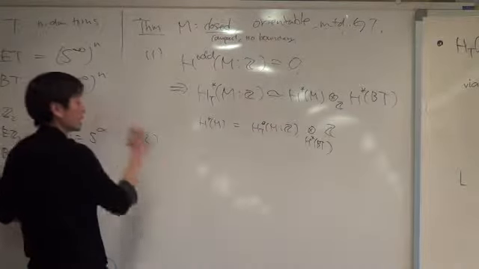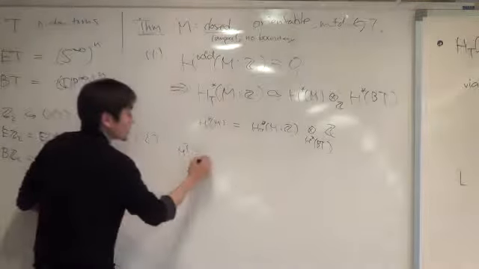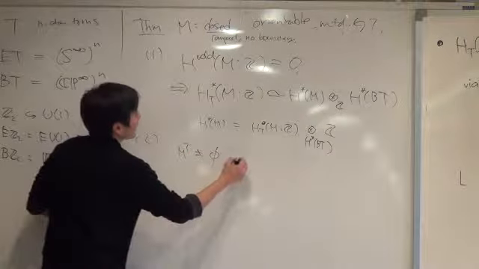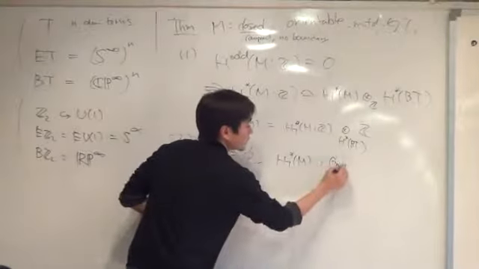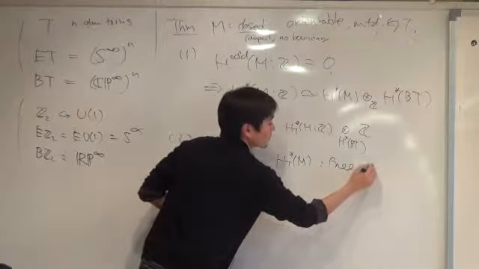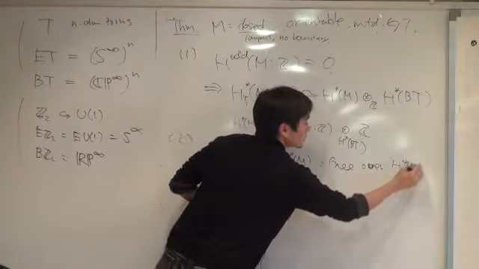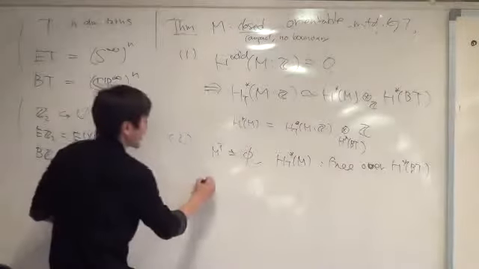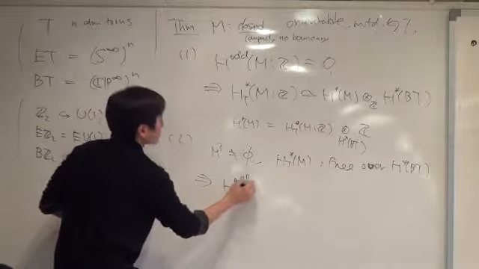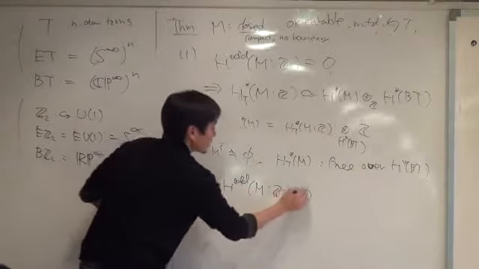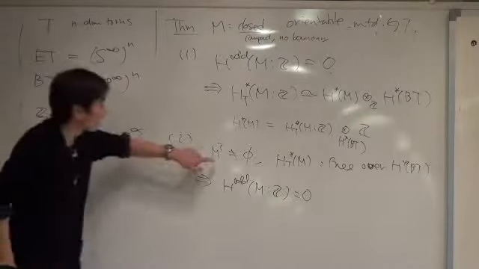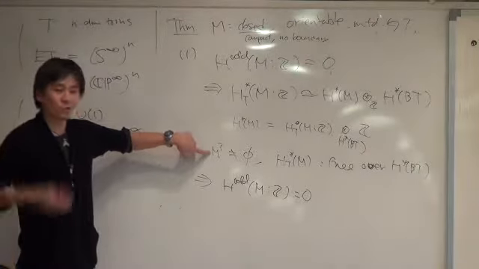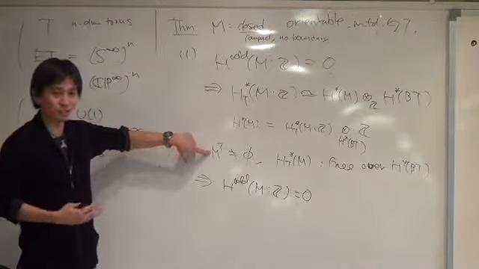Say the fixed point set is not empty, and the equivariant cohomology is free over BT, the polynomial ring, then the odd class vanishes.